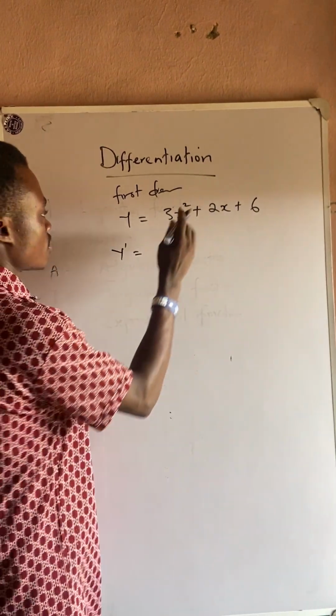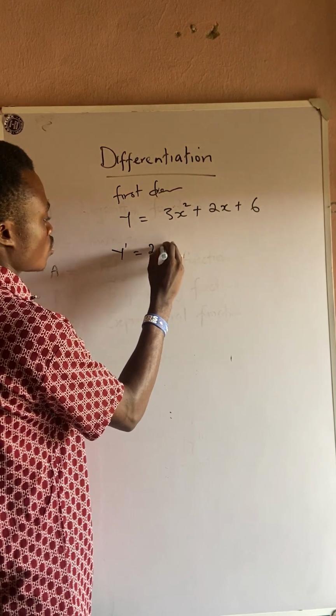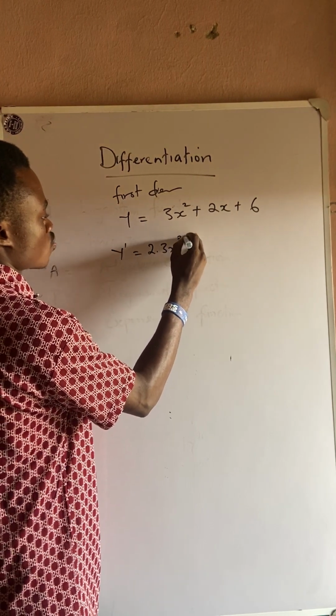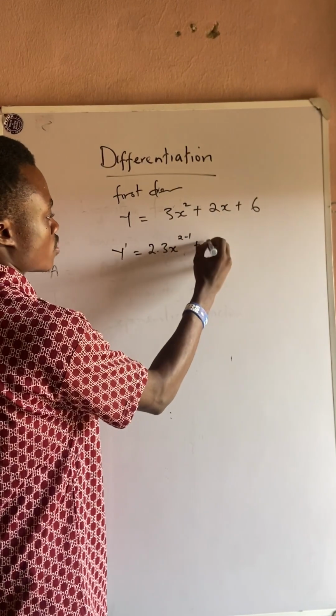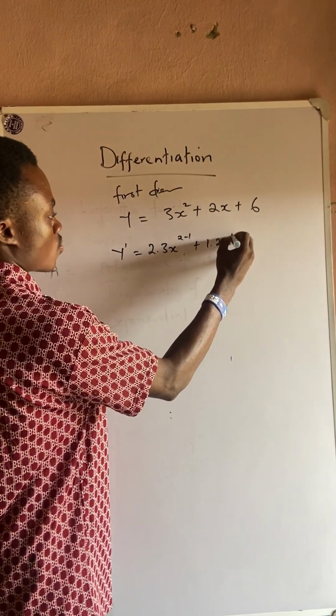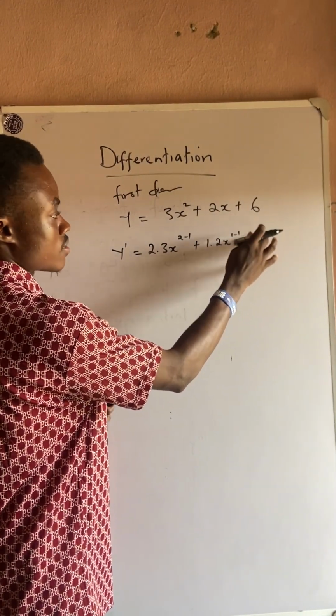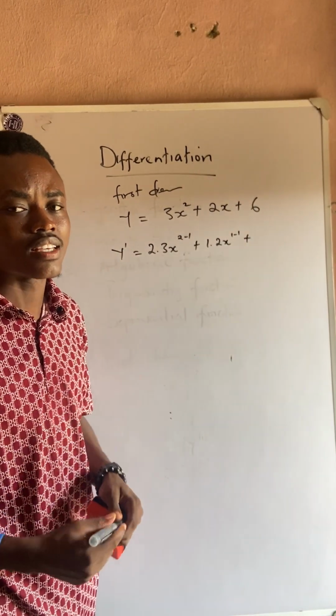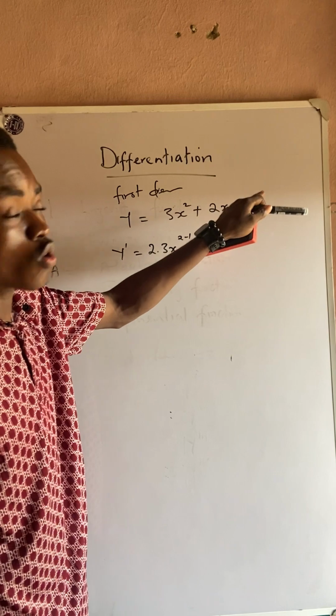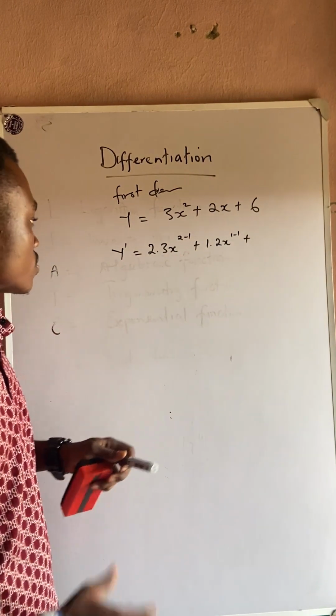So I'm trying to say 2 times 3, 2.3x, 2 minus 1, plus, this one is power 1 here, so it will be 1.2x, 1 minus 1, plus 6. This 6 does not have a coefficient. So since it does not have a coefficient, that means it is a constant and its derivative is equivalent to 0.